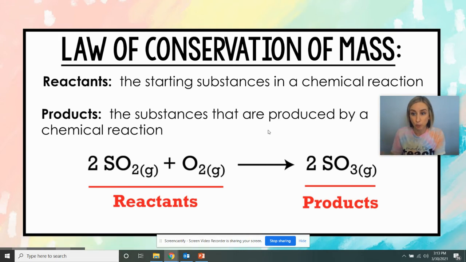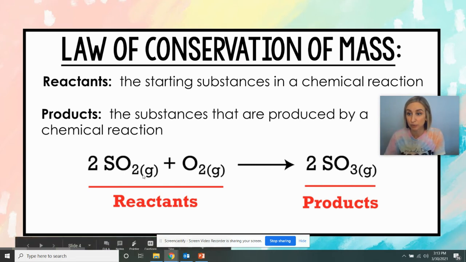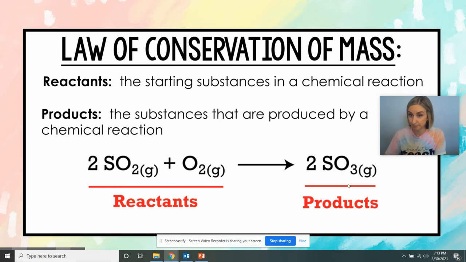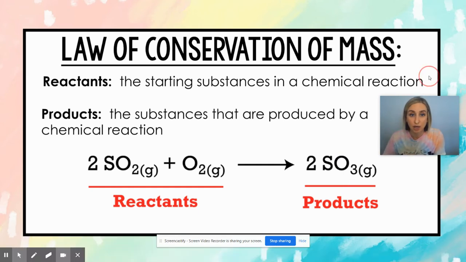This is what you end up with after the chemical reaction. So basically the law of conservation of mass says that the mass of the reactants before the chemical reaction is going to be the same as the mass of the products at the end, that the mass will stay the same. So that is what that law states.